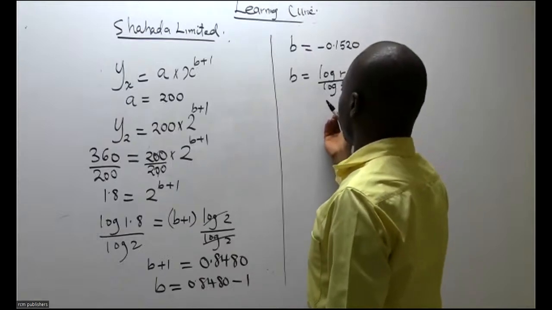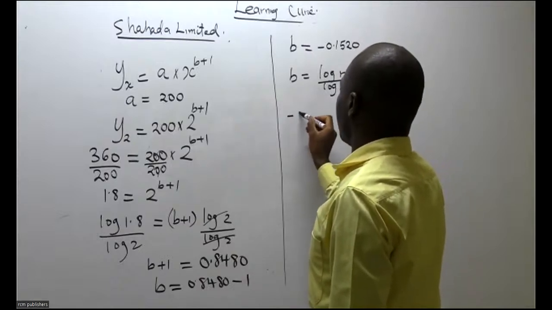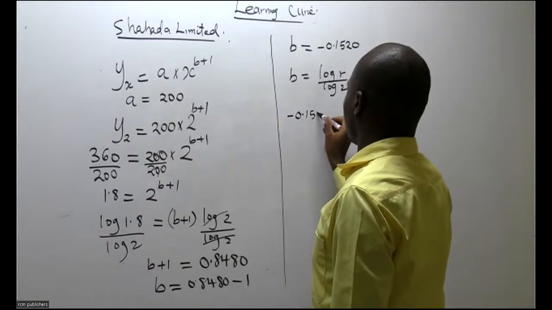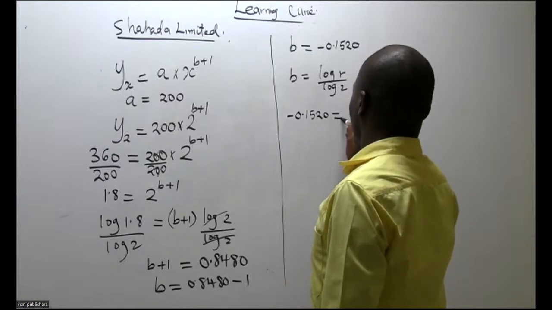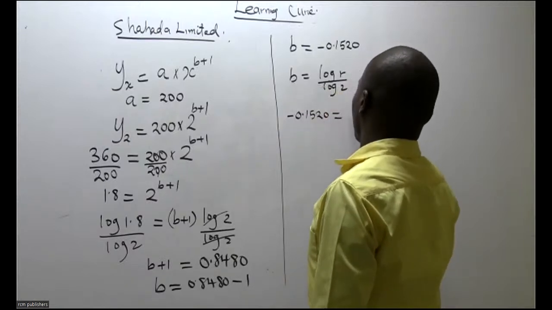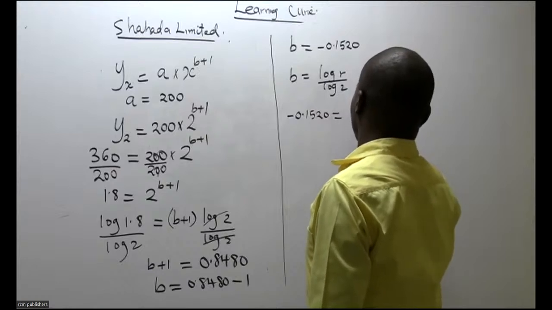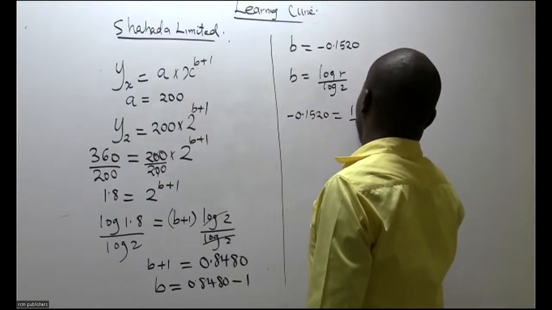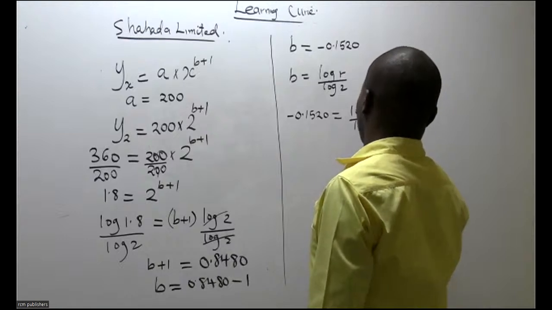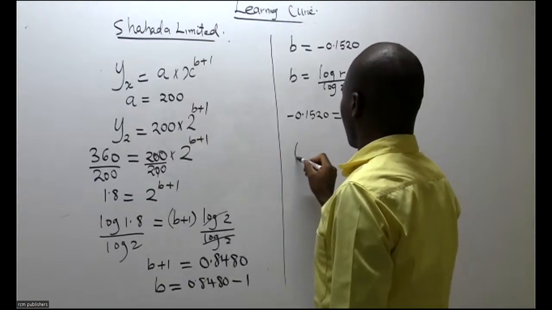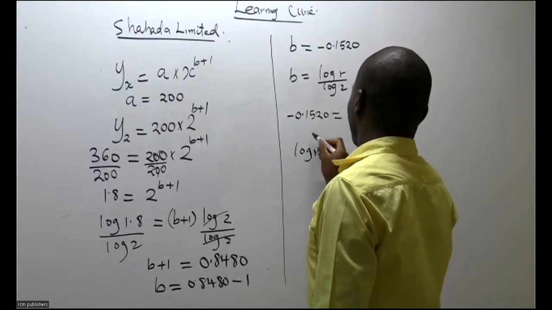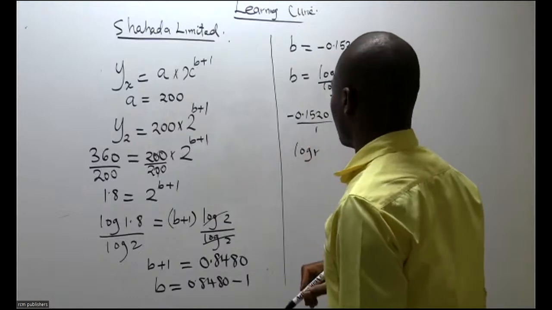So come and do a very simple thing here. Negative 0.1520, that is B, is equal to log R divided by log 2. This R is unknown, so just have log R over 1, and cross multiply.